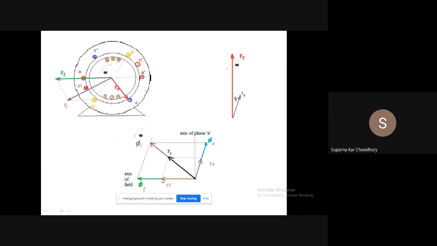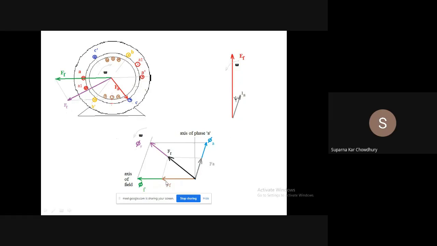If this is Ff, then Ff induces the EMF Ef, which will lag Ff by 90 degrees. So this will be the position of Ef, and Ia will be psi degrees lagging.